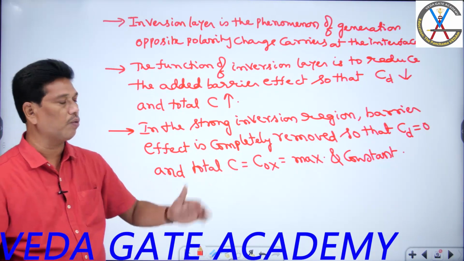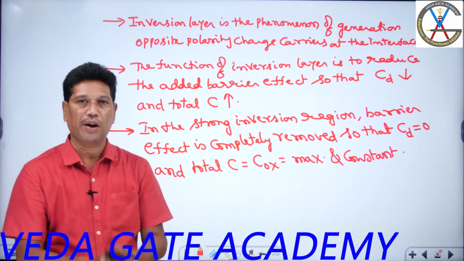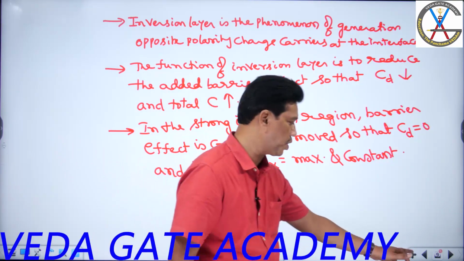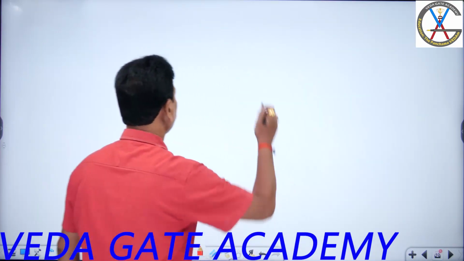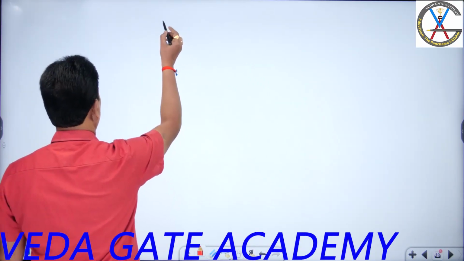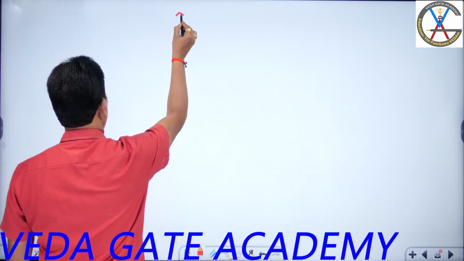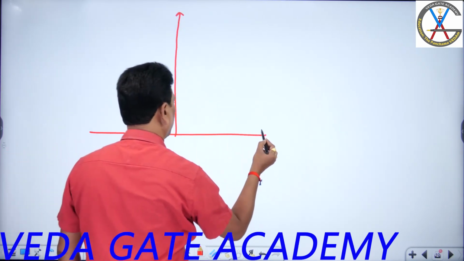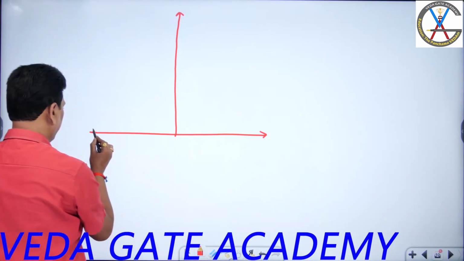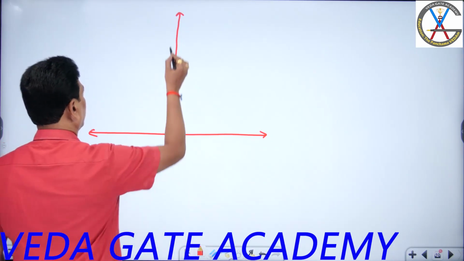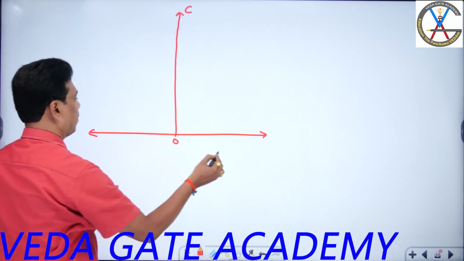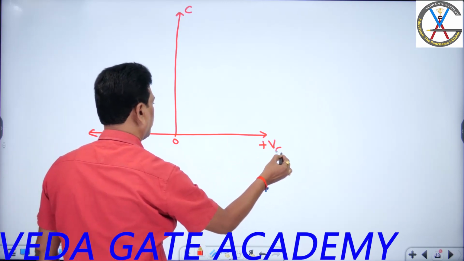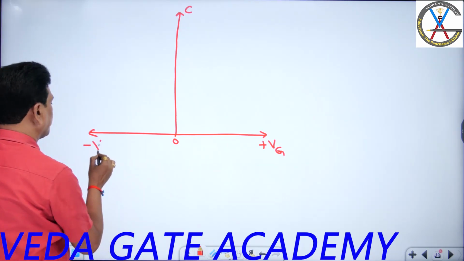So I can show all these things, students, by means of a graph. The capacitance versus voltage characteristic graph, I can show. See this one? This is the CV characteristic graph, students. This is the capacitance of the body, and this is the applied gate voltage, plus Vc minus Vc.